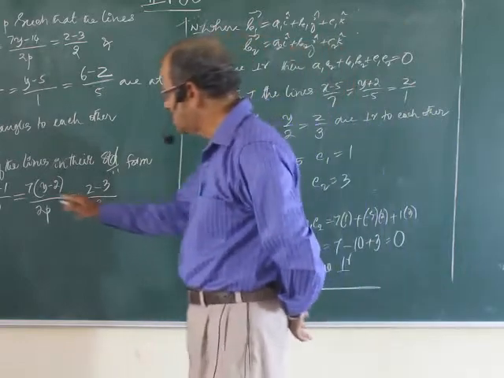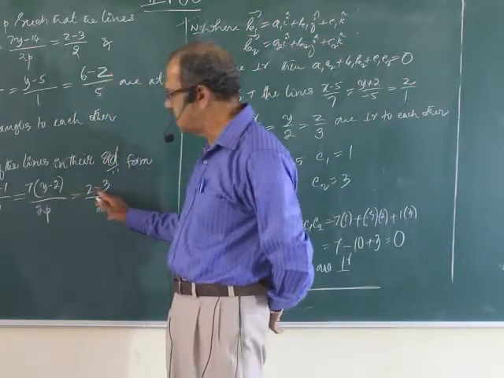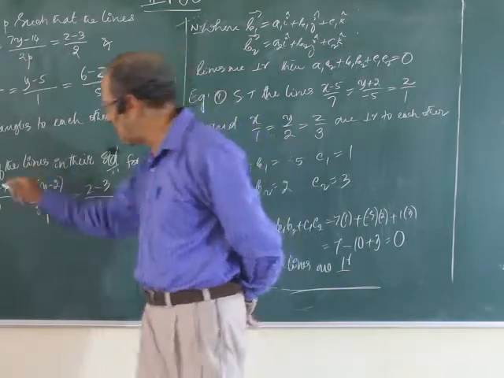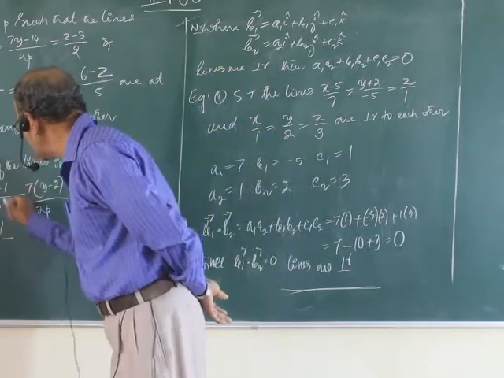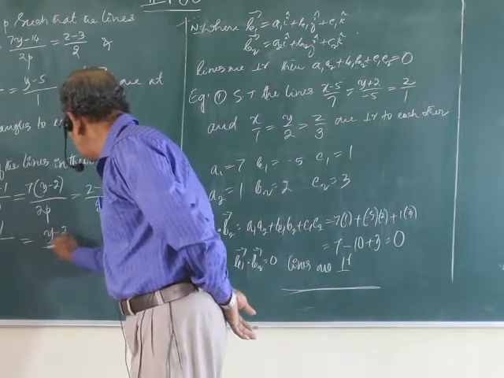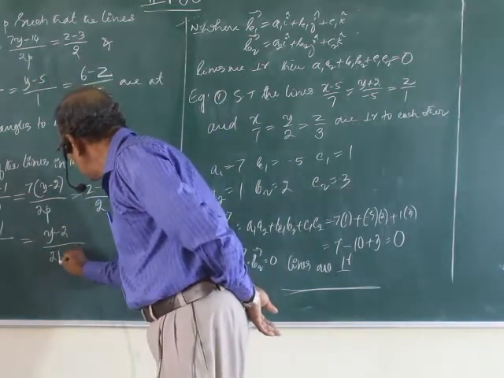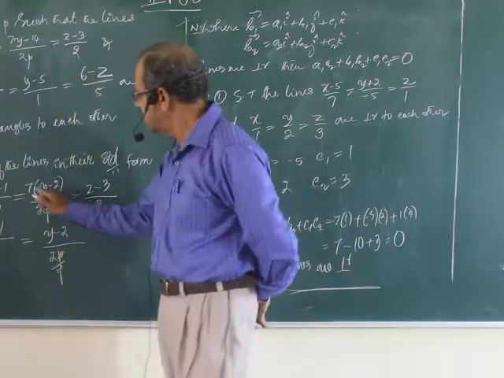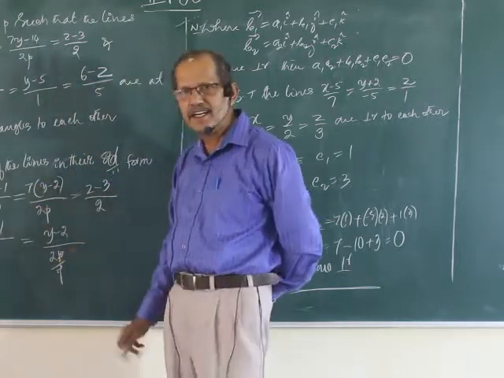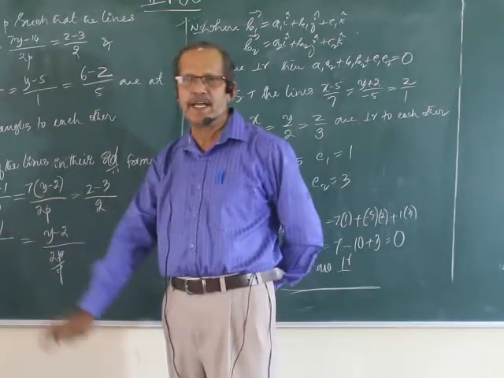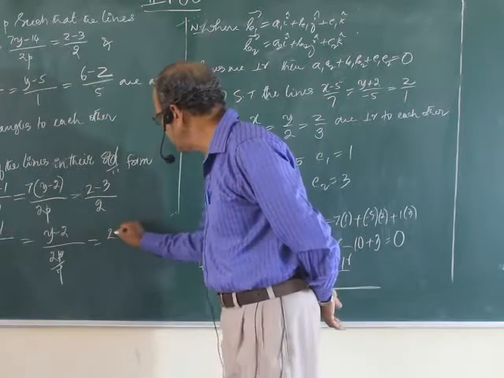This one is in the standard form, this one also, but remember 7 is there. So let me write one more step. X minus 1 by minus 3, y minus 2 divided by 2p by 7. Now this 7 is taken to the denominator: y minus y1 divided by b. Okay, last one, however, it is there.